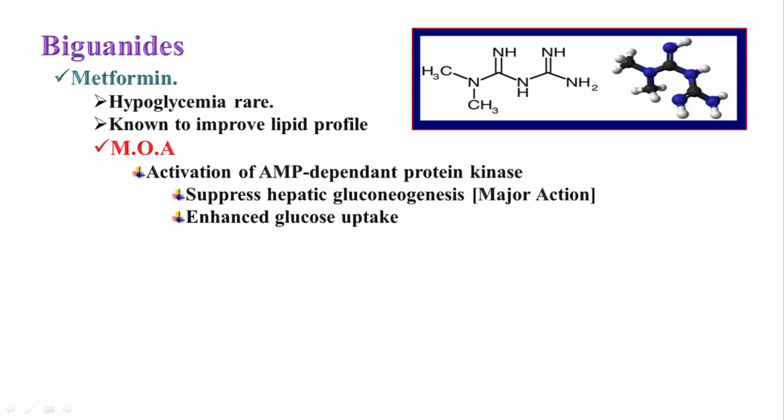Store it in the form of glycogen, or use it in production of adipose tissue, or even fatty acid oxidation can be done, right? So this means the insulin resistance in type 2 diabetes is overcome by taking this particular medication. The third thing it does is it interferes with the electron transport chain.